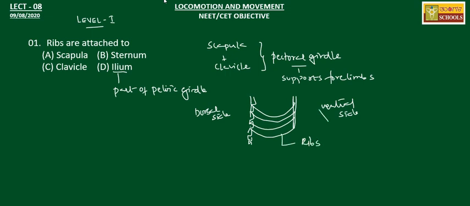On the ventral side is the sternum, and on the dorsal side is the vertebral column. The ribs are connected on the dorsal side with the vertebral column, and on the ventral side with the sternum. So the answer, ribs are attached to sternum, is the right answer.